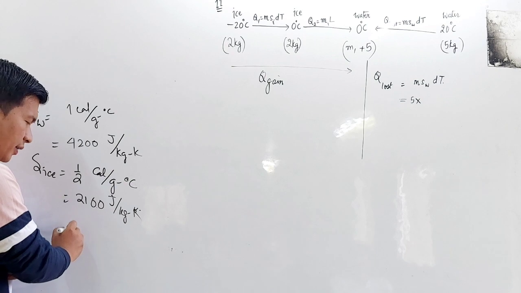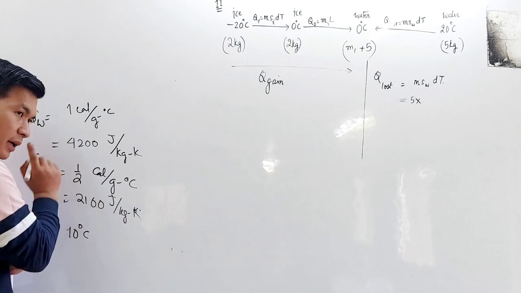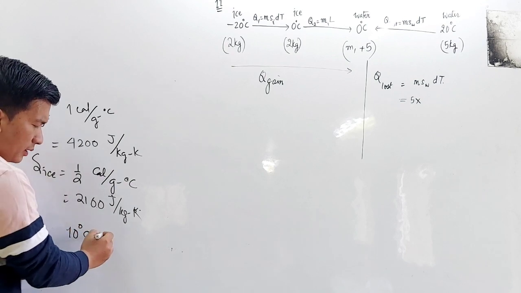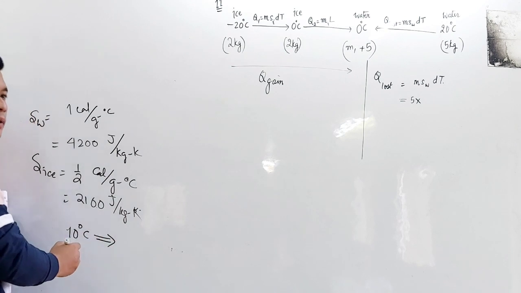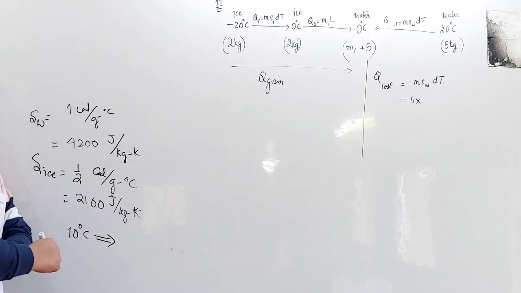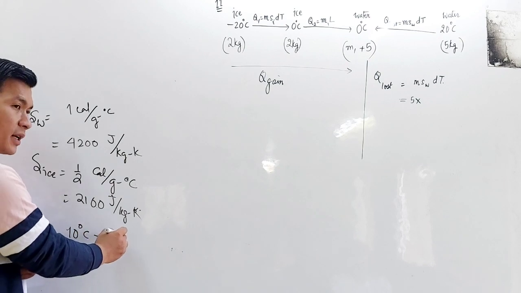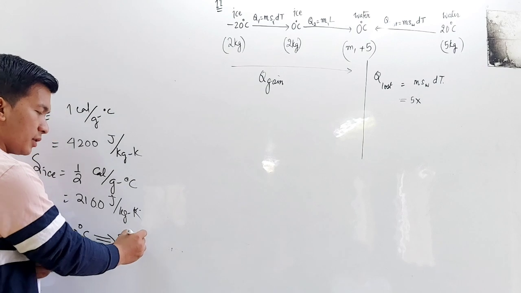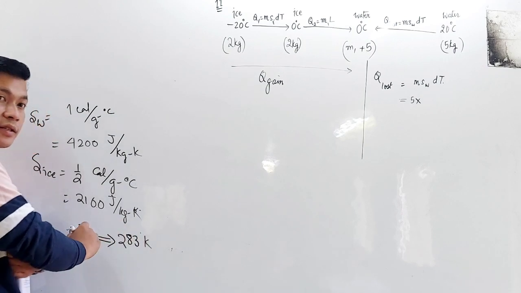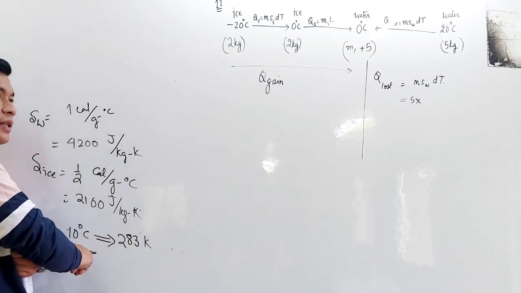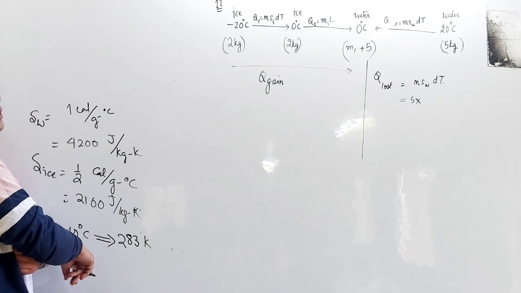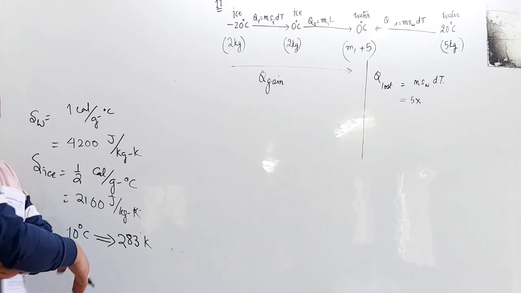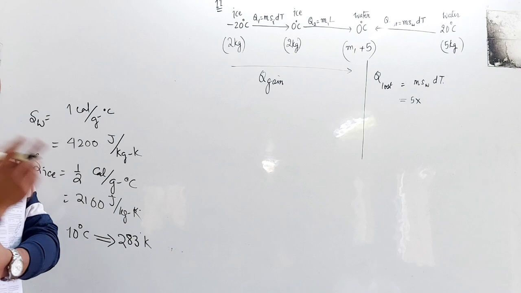What does 10 degrees mean? Very simple: 10 degrees Celsius is equivalent to the standard unit of temperature, Kelvin, 283 Kelvin. Degree Celsius can be converted into Kelvin by adding 273.